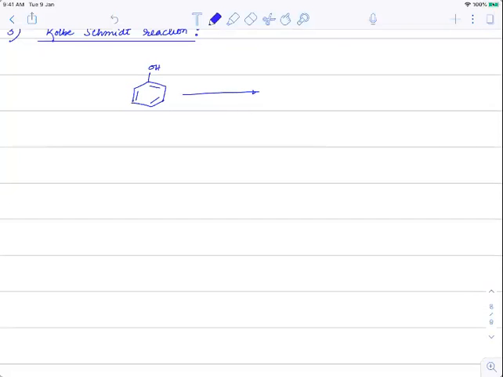if we react that with carbon dioxide in the presence of NaOH and then hydrolyze, we get this as OH and COOH. This is the major product.